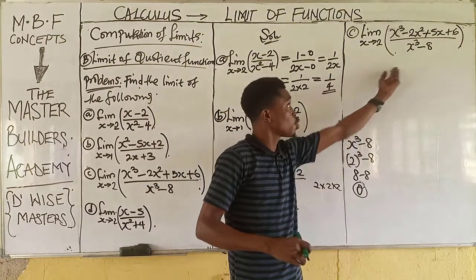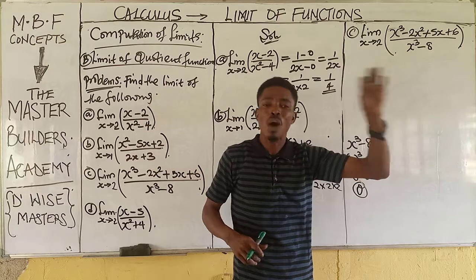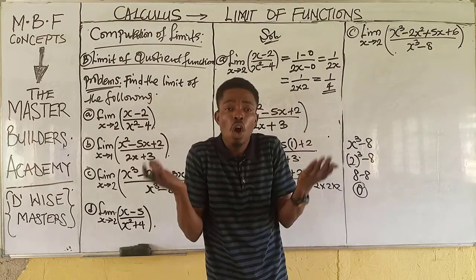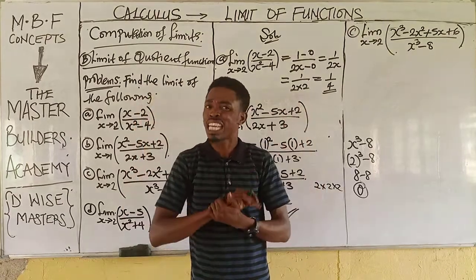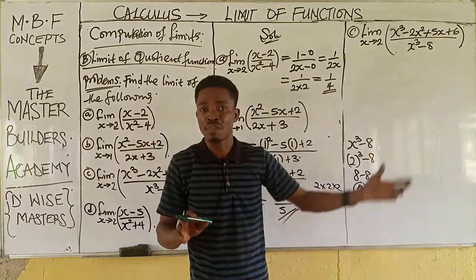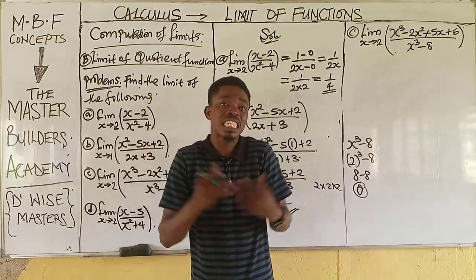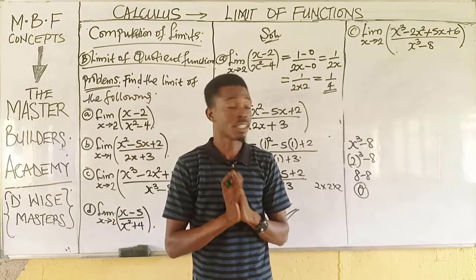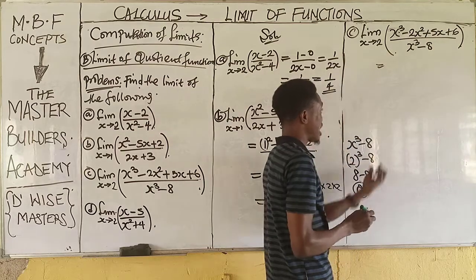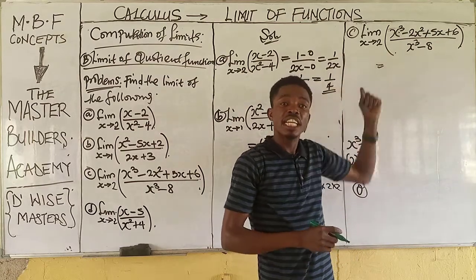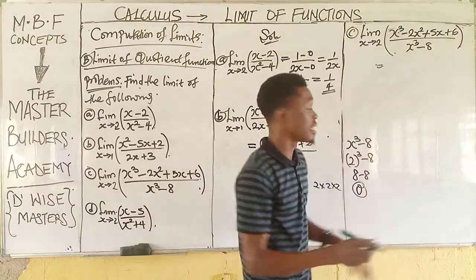So, what must I do to this expression to have this not equal to 0? All I simply need to do is to use L'Hospital's rule, where you differentiate each of these functions individually. So all I need to do is to differentiate this, having found out that the denominator will be 0 if I substitute the value directly.